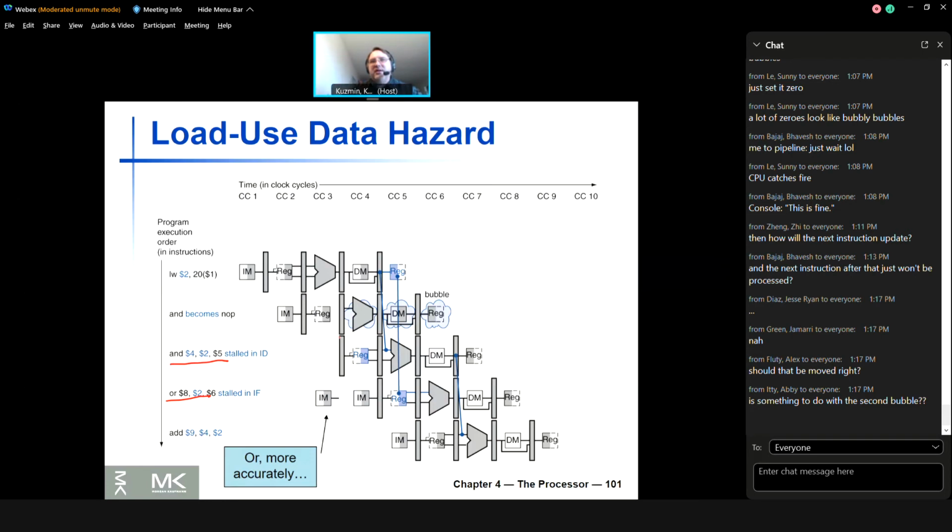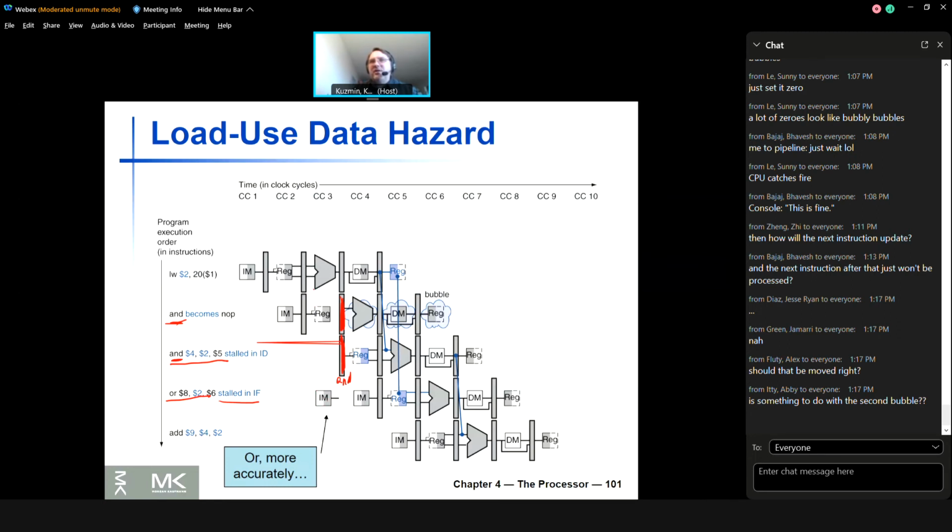So this register is going to contain the instruction word of this AND, and it's the same instruction word that is contained here, because really this NOP is really this AND. They are the same instruction, right? So the contents of the registers would be the same, but the following instruction is stalled in IF, and that's why we keep reading this IF, right? So IM is instruction memory, so effectively this is IF.